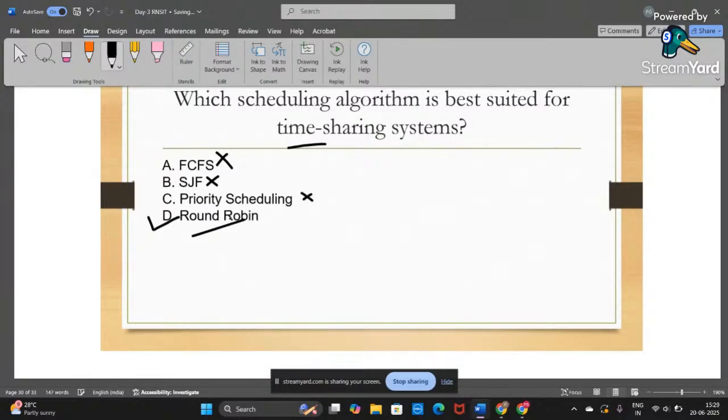Round robin is the suitable answer because it is ideal for time sharing systems where multiple users or processes share the CPU. Like this, they can frame a question on this topic.